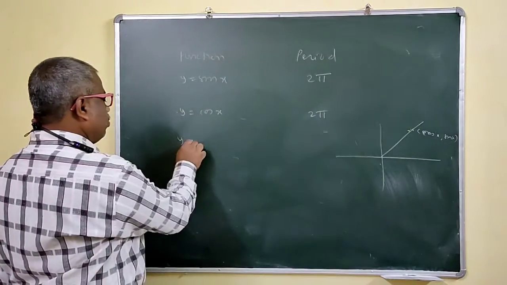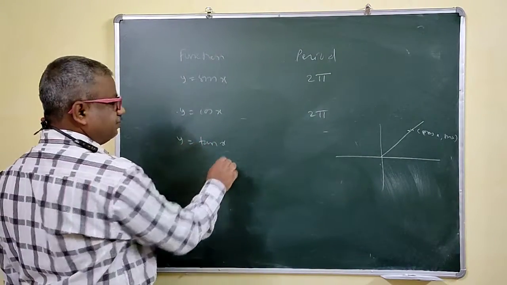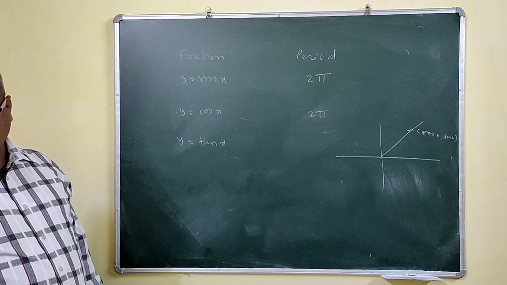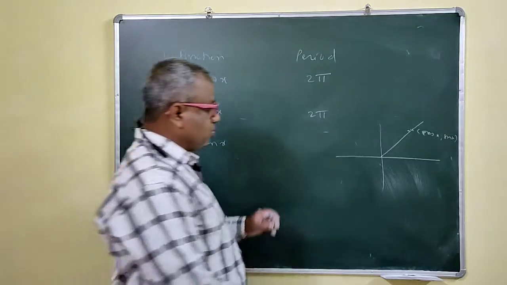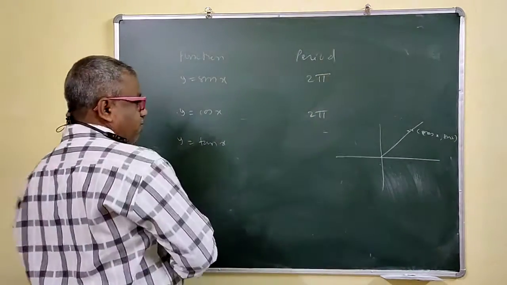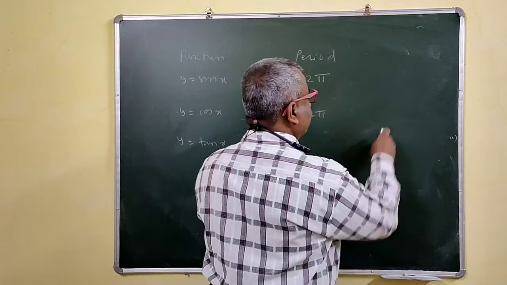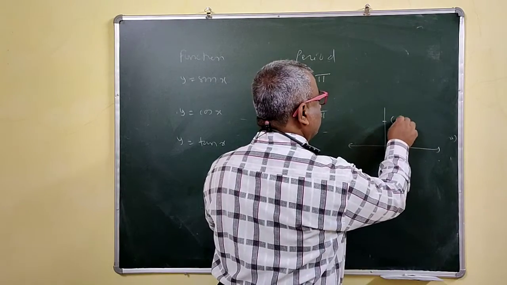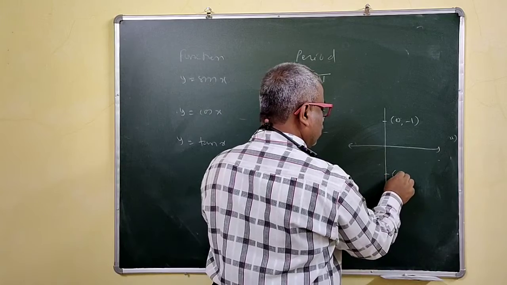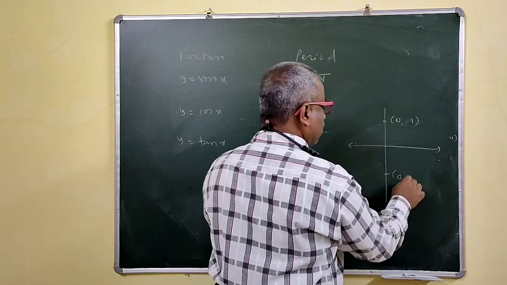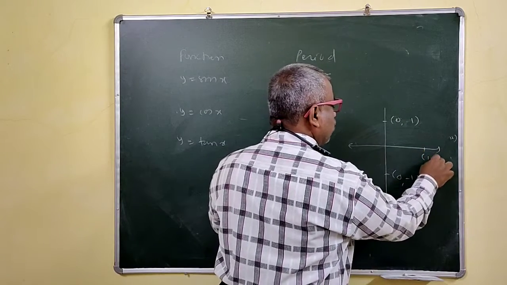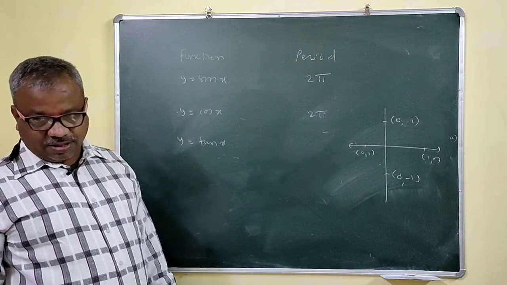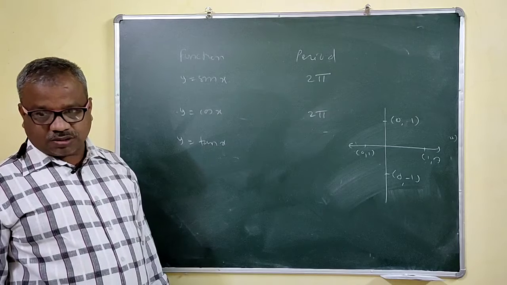What about tan x now? Suppose for the simplest way we consider this: 1, 0, minus 1, and 0, 1, 0, minus 1. The tan function is sin upon cos.